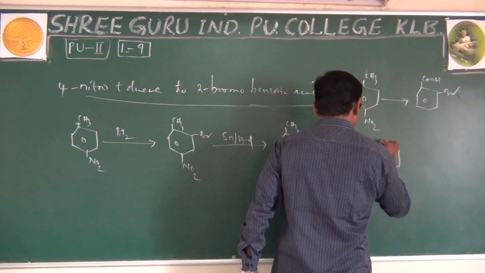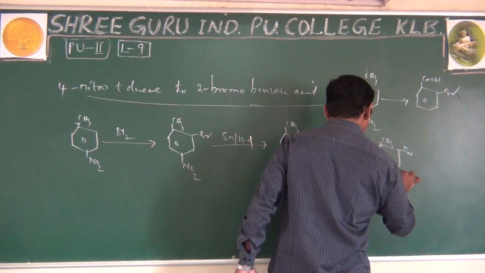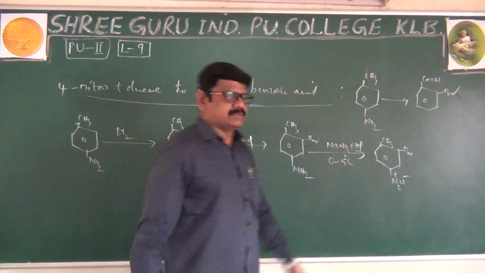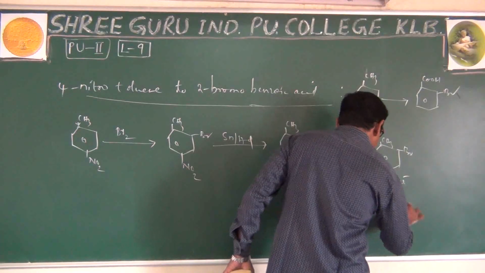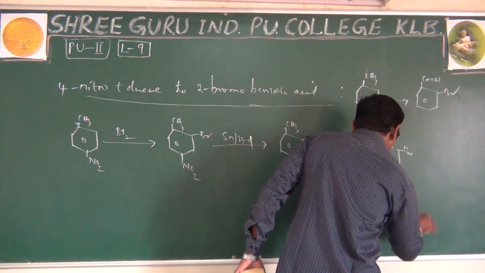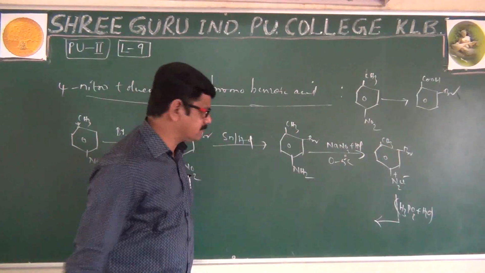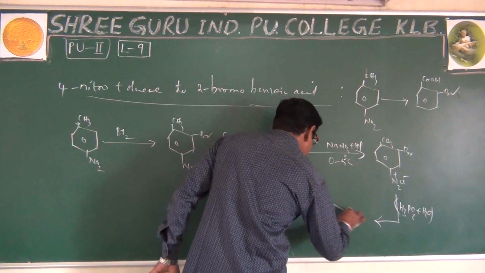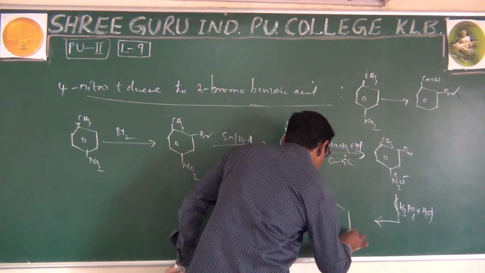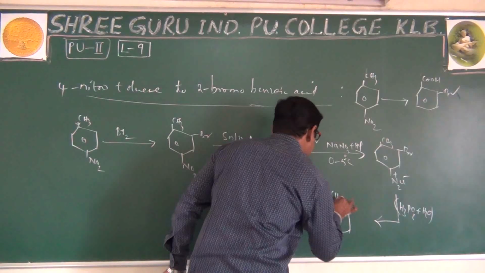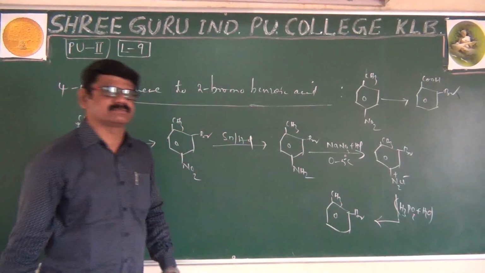Diazonium salt, CH3Br N2Cl. This N2Cl undergoes a reaction with H3PO2 and H2O or ethyl alcohol, doesn't matter. Then the obtained structure is a benzene ring with CH3Br. Here hydrogen is replacing, that's it.